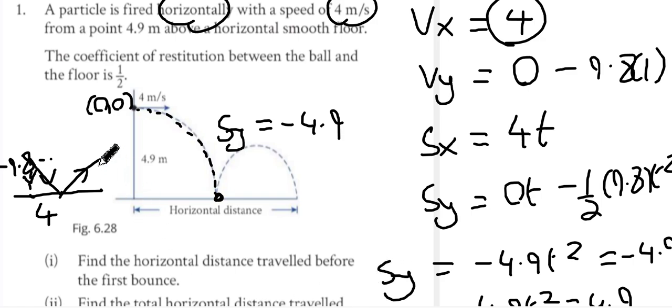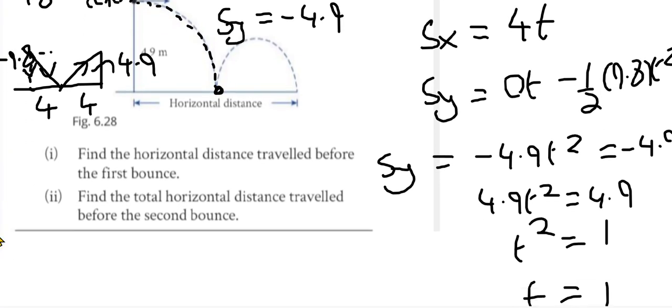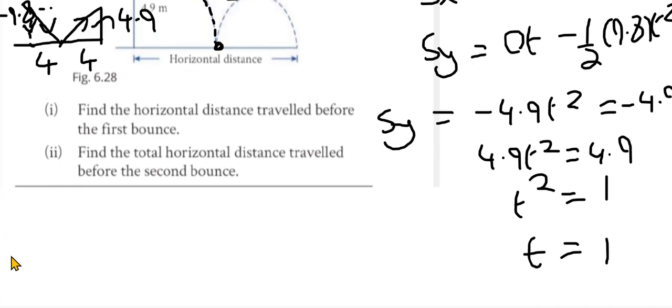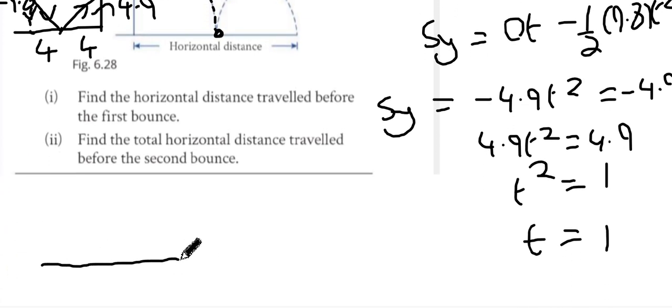Now what happens when you hit the ground? The 4 stays the same. But the minus 9.8, it's going to get halved. So it's going to rebound back at 4.9. Excuse me. Oh, and I also haven't found the horizontal distance yet, right? So far what I found is the following.